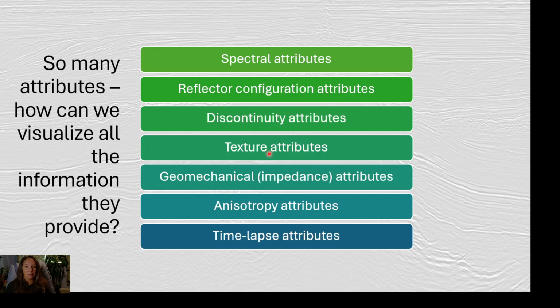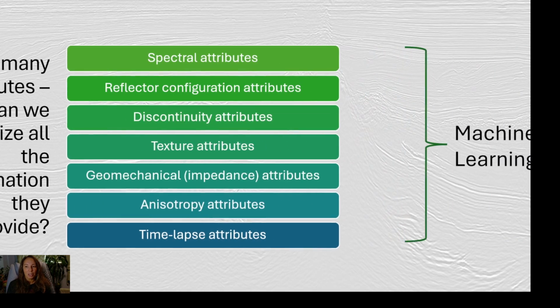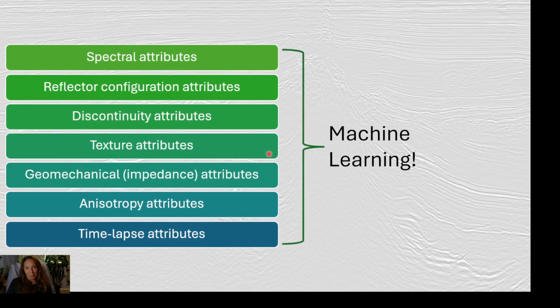Okay, so just to kind of not finish up, but to move into the next part of this talk, I've talked about a lot of attributes. How do we visualize them? When we have like 20 attributes, what can we do with it? And so, of course, this is where machine learning comes into play.